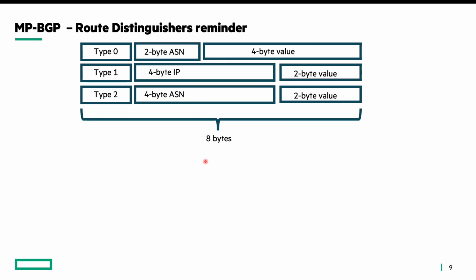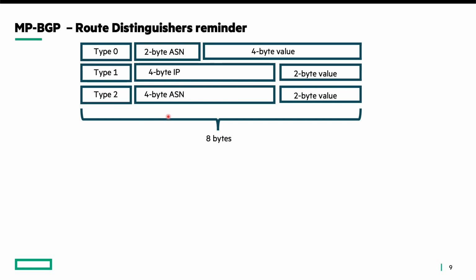The route distinguisher is an 8-byte value. We have 3 different types to represent this value. The type ID takes 2 bytes, and 6 bytes remain for the value itself. It can be a mix of AS number and a specific value, so 4 bytes for the value and 2 bytes for the AS number.